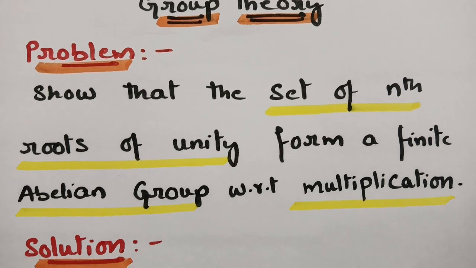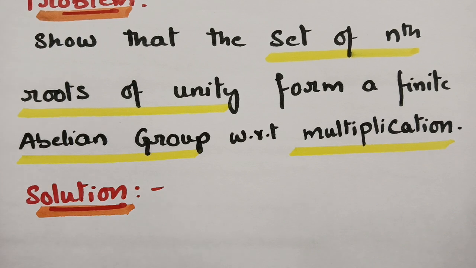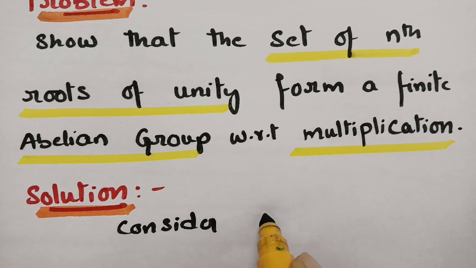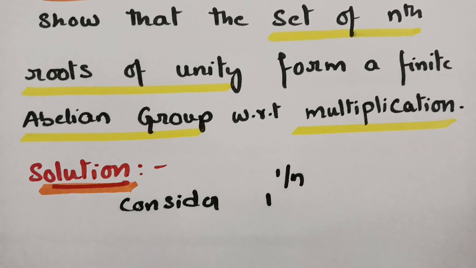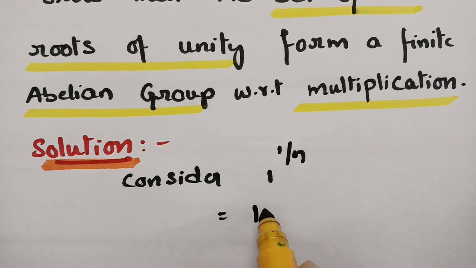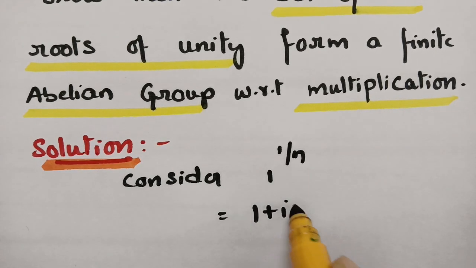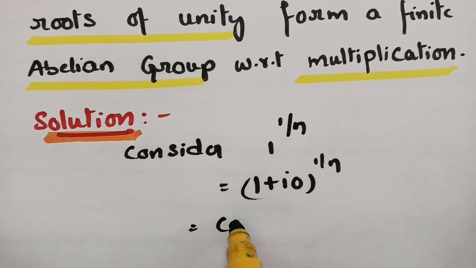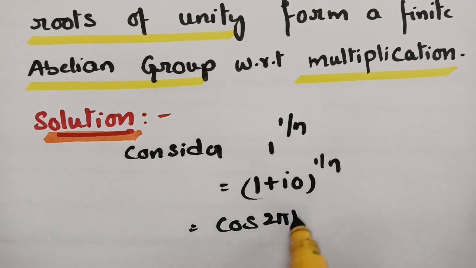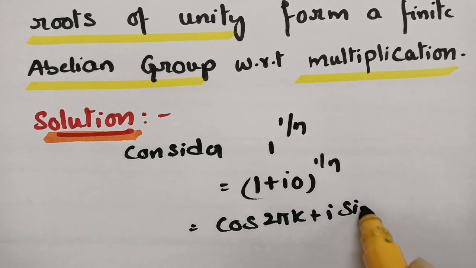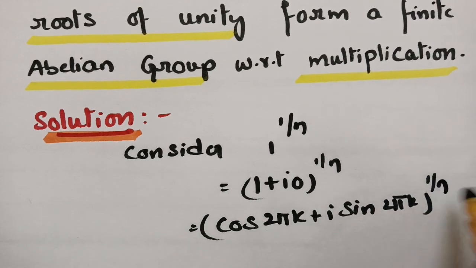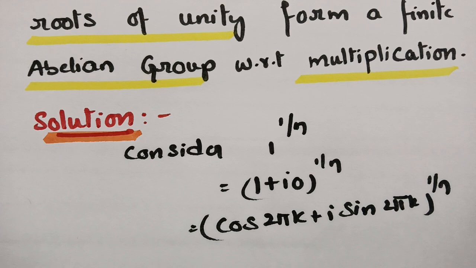So what is nth root of unity? So here consider 1 power 1 by n. 1 power 1 by n can be written as 1 plus i into 0, power 1 by n. See here, 1 can be written as cos 2 pi k plus i sine 2 pi k, power 1 by n.